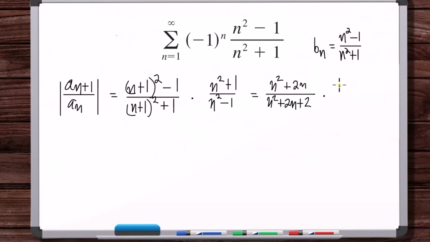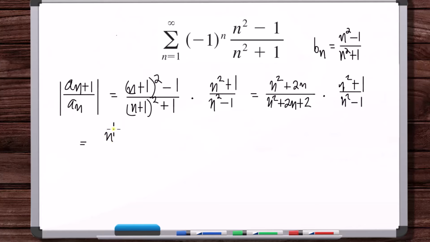Okay, n squared plus 1, n squared minus 1. So we've got n times n plus 2. Okay, does this factor to anything? Well, okay, it doesn't look like we're going to be able to cancel. So let's just go ahead and do these multiplications here.